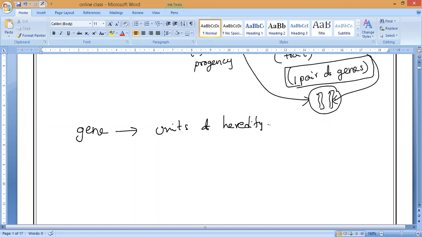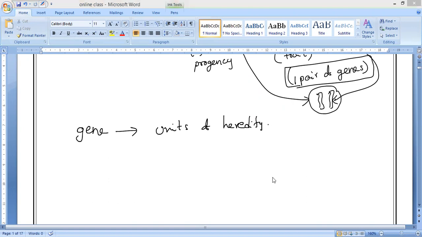If we take any character in the organism, it is controlled by one set of genes. Is it yes or no, Kevin? Arvind? Yes, right. If we take any character in plants as well as animals, everything is controlled by a gene only.